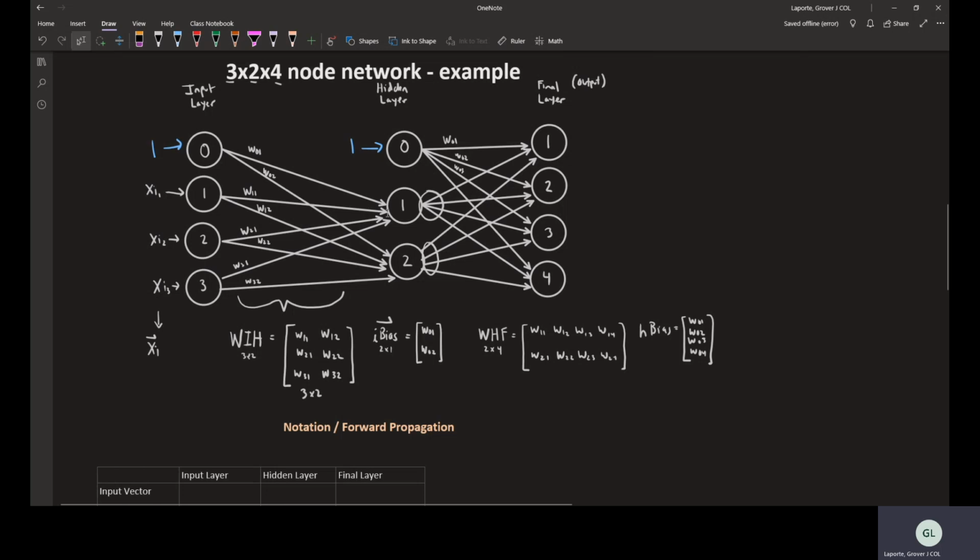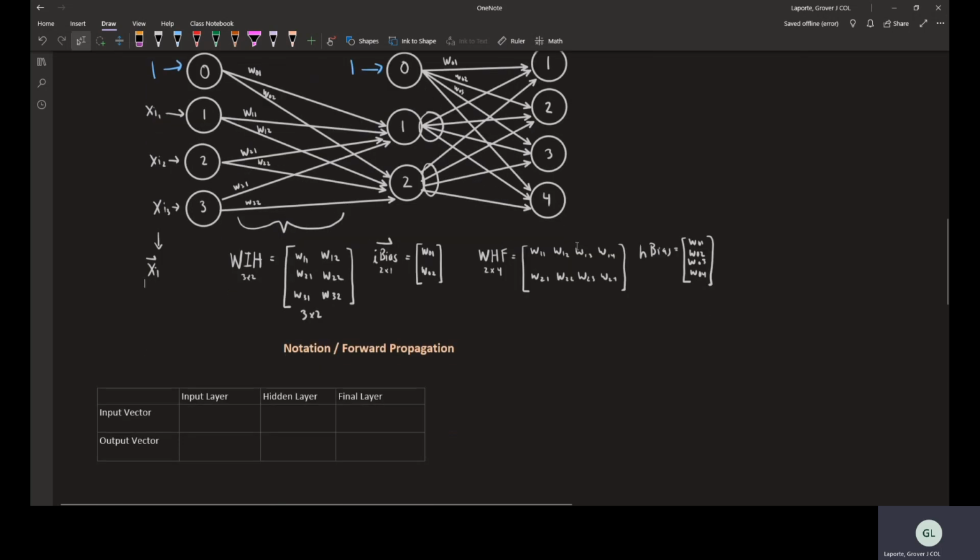So we added all those things up, and then we used the Heaviside function to say what the output was. In this case, we're going to use the sigmoid function, but it's going to be the same thing where we multiply and then add all those things together. Then the sigmoid function comes through, and so on and so forth. So that's in general what we're going to do.